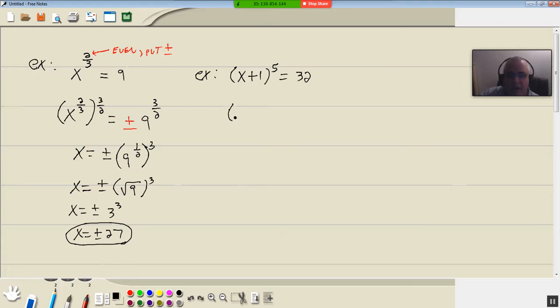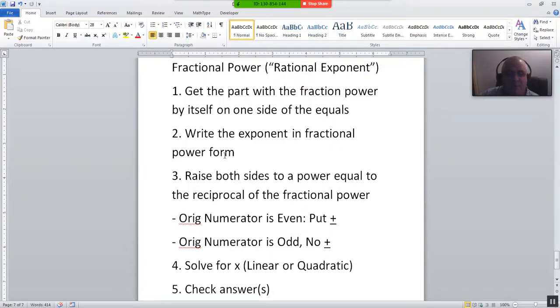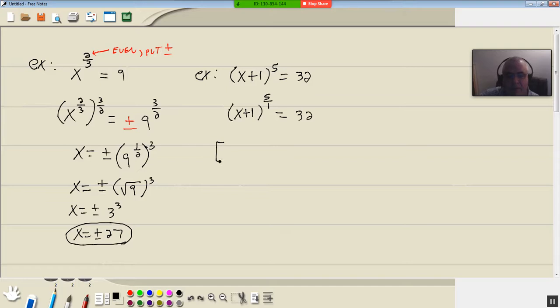So we can rewrite this as x plus 1, and we can always create a fraction by putting it over 1. So I can do 5 over 1. Now we're going to raise both sides to a power equal to reciprocal. Reciprocal means fraction flipped. So we'll raise both sides to the 1/5 power.